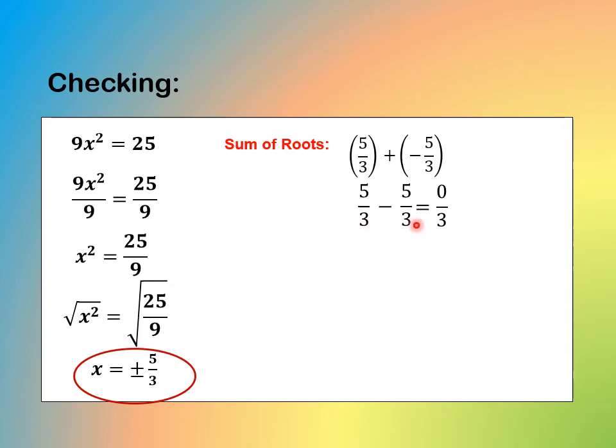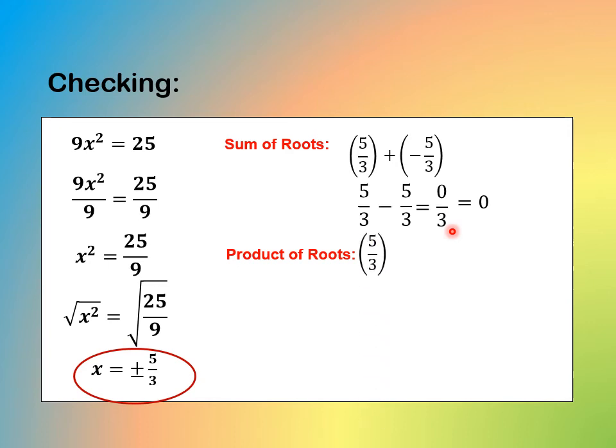Since they have the same denominator of 3, copy the common denominator and then subtract the numerators. So, we have 5 minus 5, that will become 0, and then copy the denominator 3. Remember that 0 divided by any number, the answer is always 0.